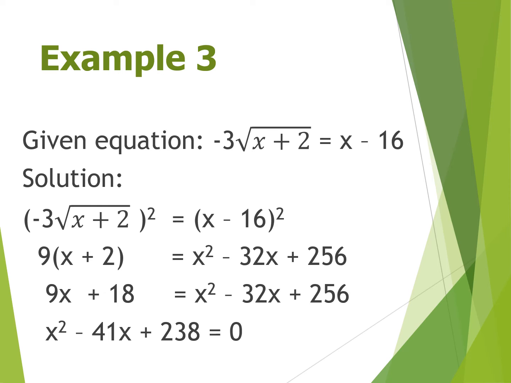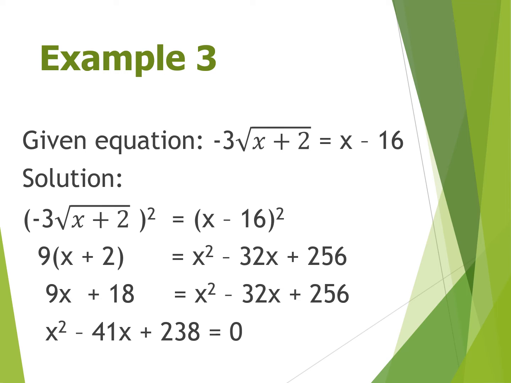And the square of x minus 16: squaring a binomial, we have to square the first term, so that is x squared. And then twice the product of the first and the second. So x times 16 is 16x, times 2, we have 32x. Since this is negative, this is also negative 32x. And then 16 squared is 256. So x squared minus 32x plus 256 is the square of x minus 16.